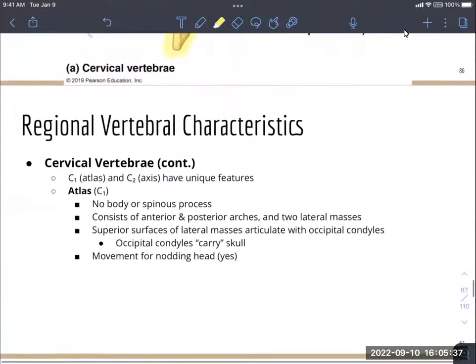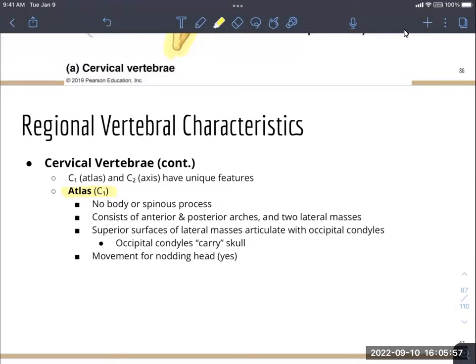Look, C1 is known as the atlas. I had somebody once tell me that C1, that atlas, it's like holding the world on it. Like the world, like your brain, your skull. The atlas is what holds up your brain.